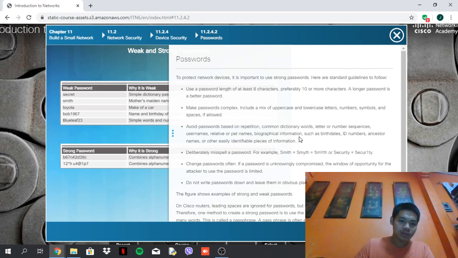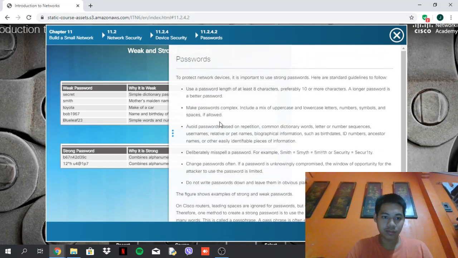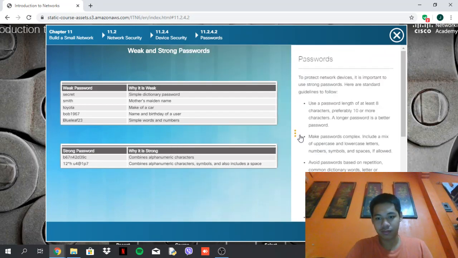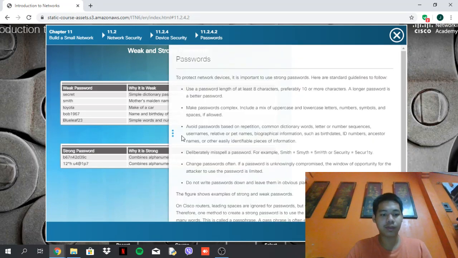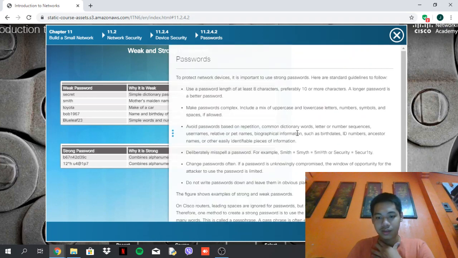For example, a weak password is probably a simple word like secret. An example of a strong password is a combination of words, letters, and numbers, like B67.